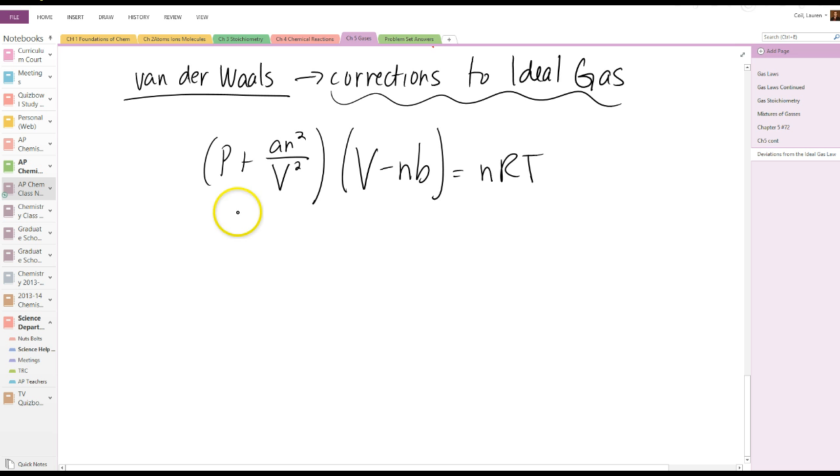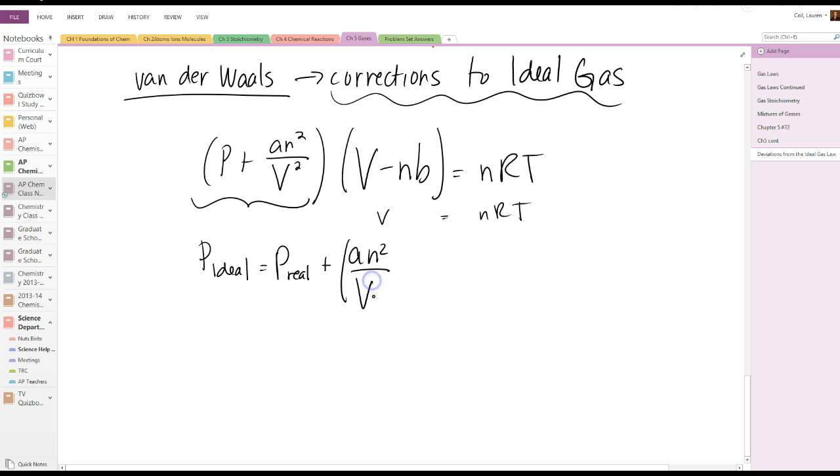So notice we have PV equals nRT, but the P and the V have been corrected slightly. Where this part comes from is that the pressure of an ideal gas is equal to the pressure of the real gas plus a factor, a constant, times the number of moles over the volume squared.